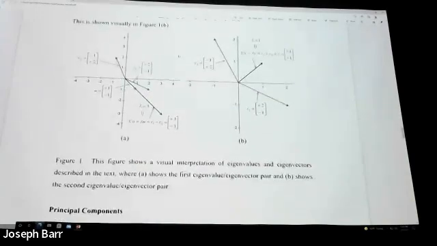Actually, this is a visualized eigenvalue and eigen decomposition. We have the biggest component with lambda equals 3, and this is the second component.